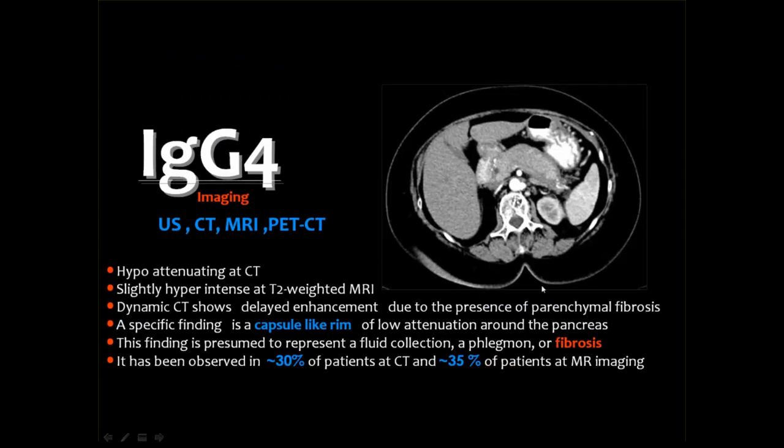Then on CT and MRI, you see that the pancreas is diffusely swollen and it shows some delayed enhancement due to the presence of parenchymal fibrosis.